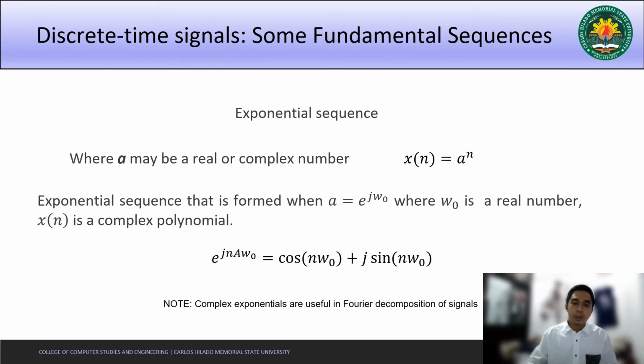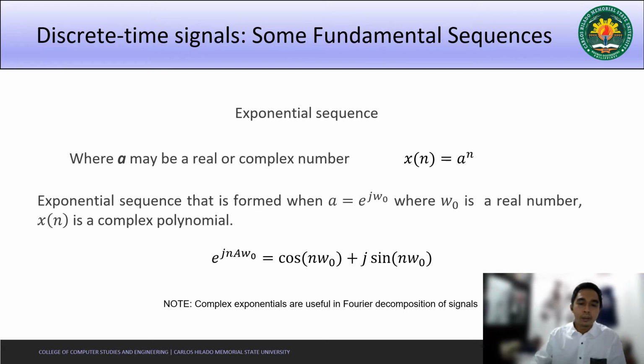So also we have exponential sequence equations, where a may be a real or complex number, that is x of n as a function of a raised to the n.